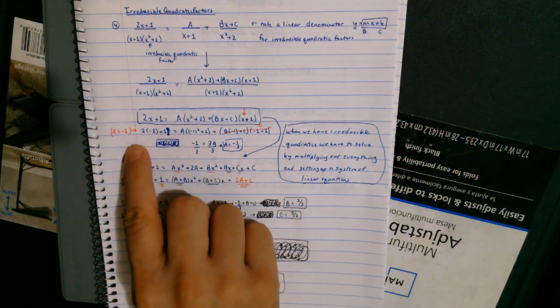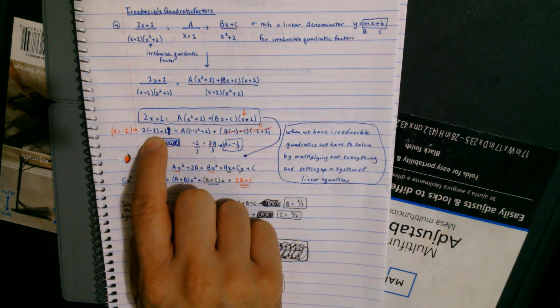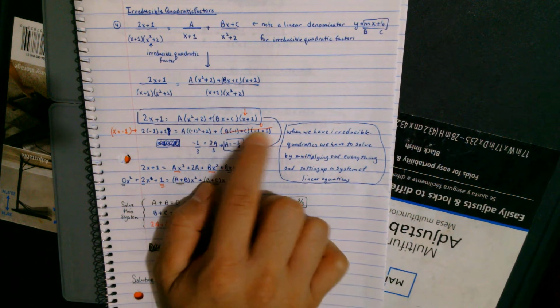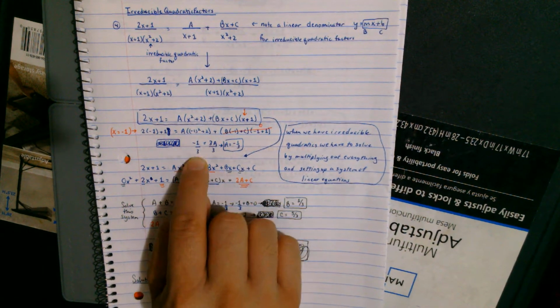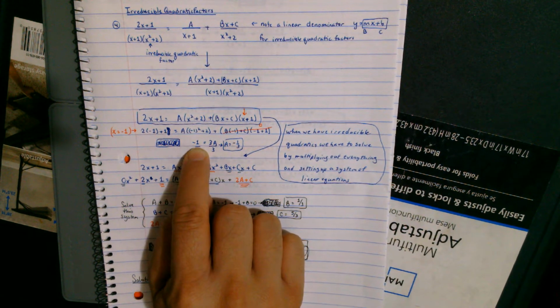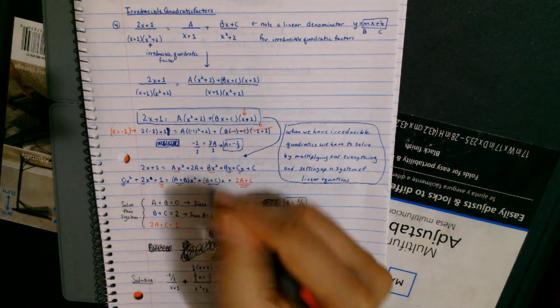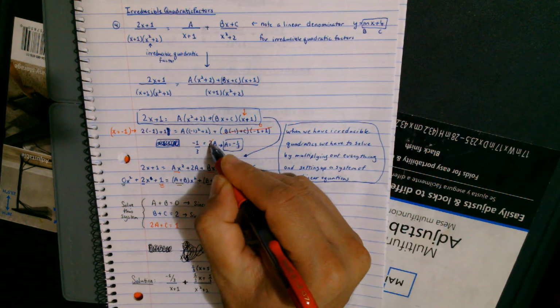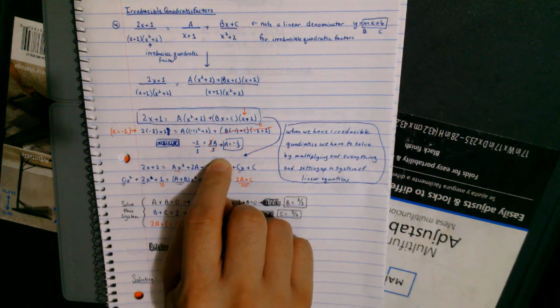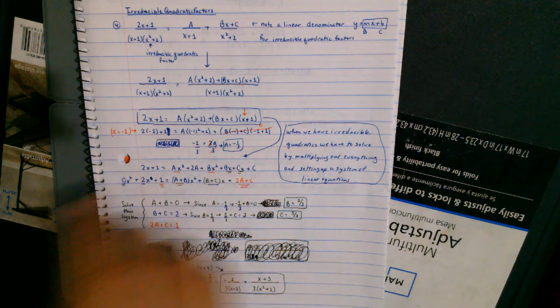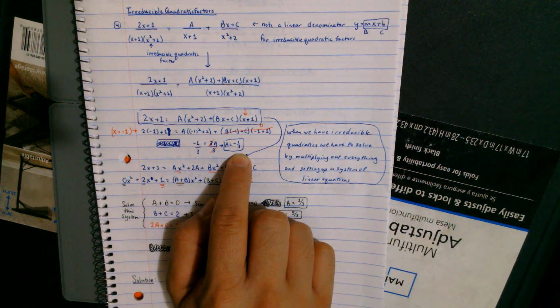But I can plug in negative 1 here. So negative 1, plug it in, all this stuff cancels over here on the right. And so you have 3a equal to negative 1. And then divide both sides by 3 to cancel the 3's to get a by itself. So we get a to equal negative 1/3.